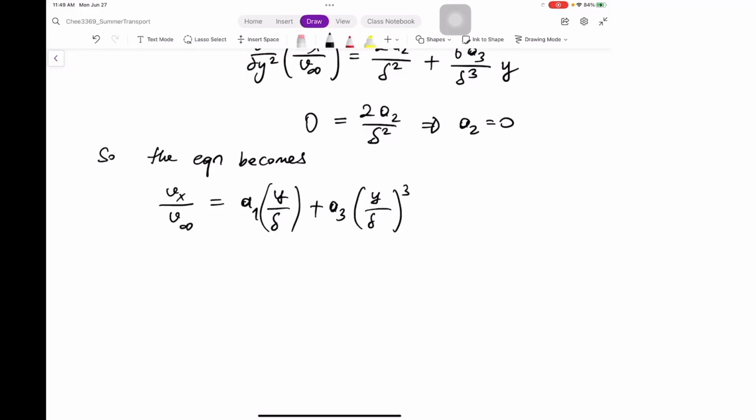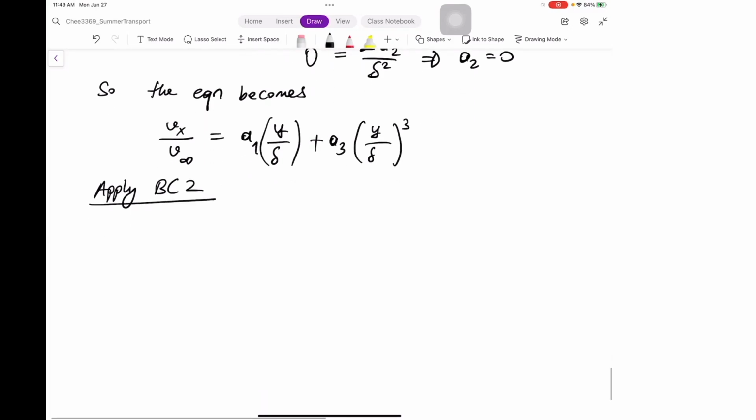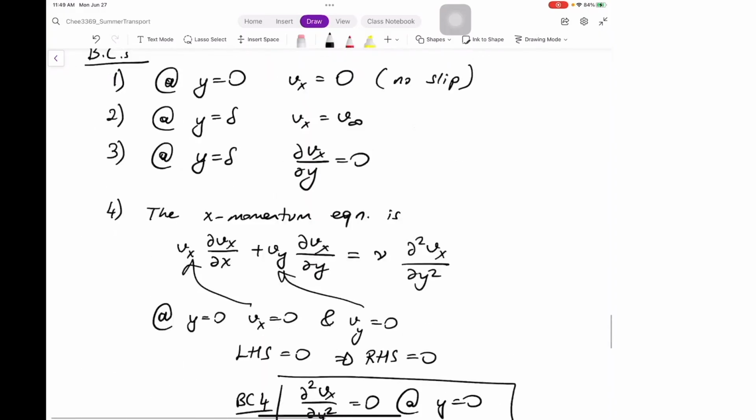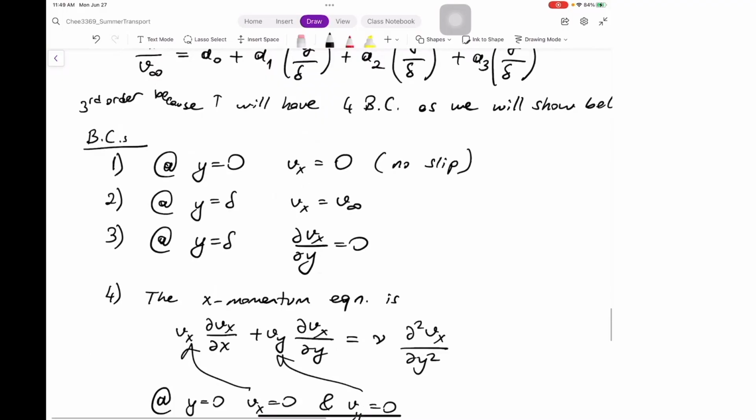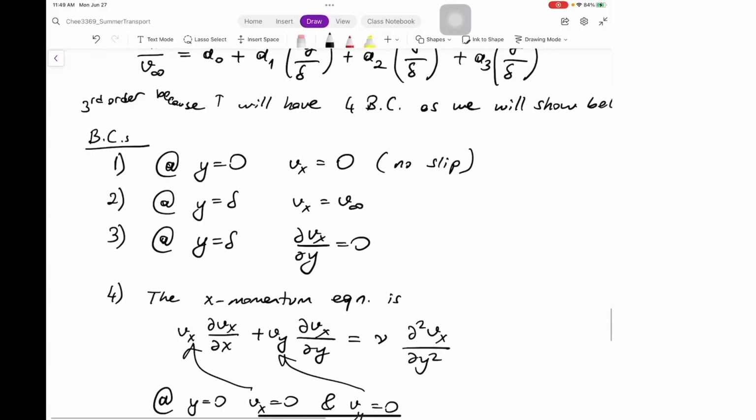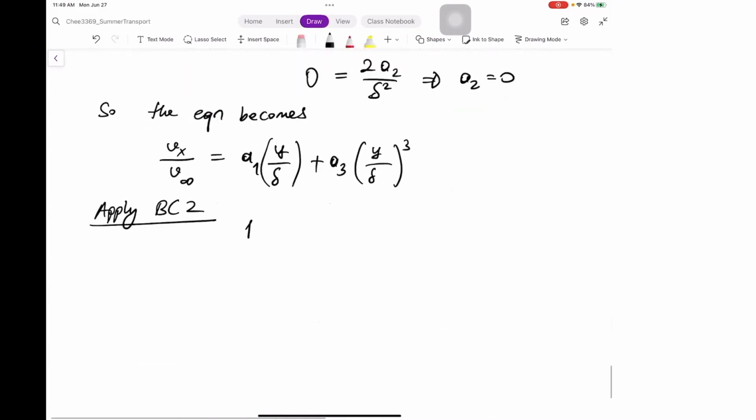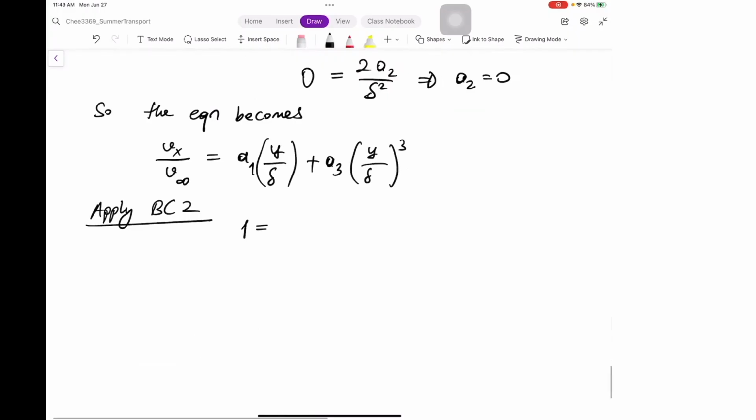Let's apply boundary condition 2. Boundary condition 2 says that Vx is equal to V infinity, meaning that Vx over V infinity is 1. The left hand side is 1. Instead of y, I'm going to plug in delta, so I get 1 is equal to a1 plus a3.